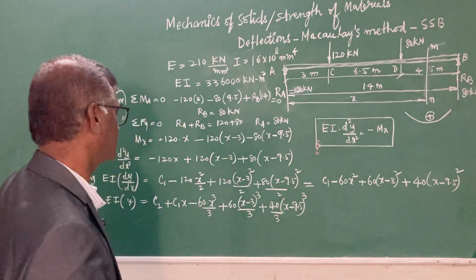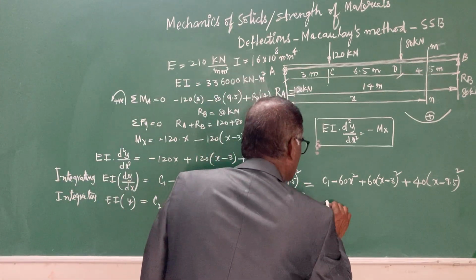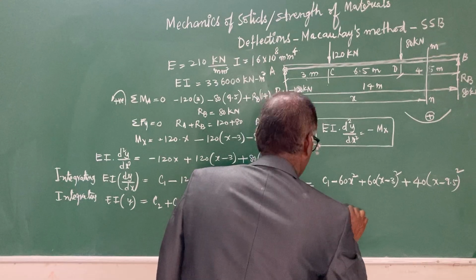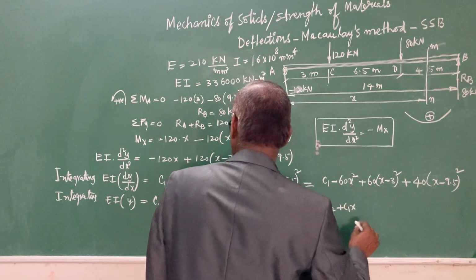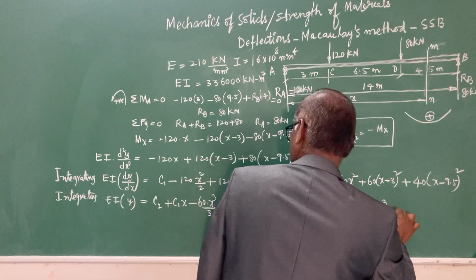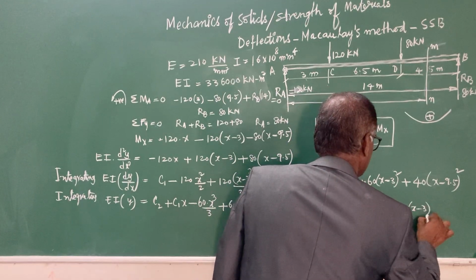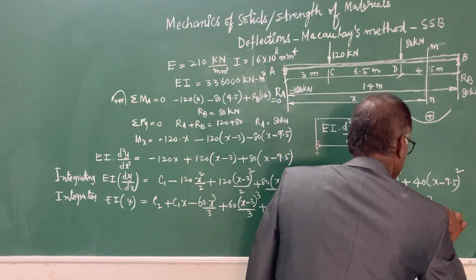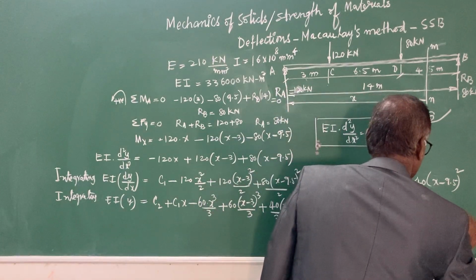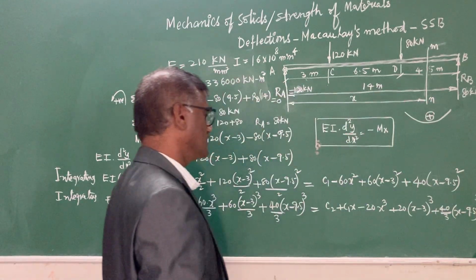So this is the equation for the deflection. Writing down the simplified equation, you have C2 plus C1x minus 40 by 3 x cube plus 20 x minus 3 cube plus 40 by 3 x minus 9.5 cube. This is your deflection equation.